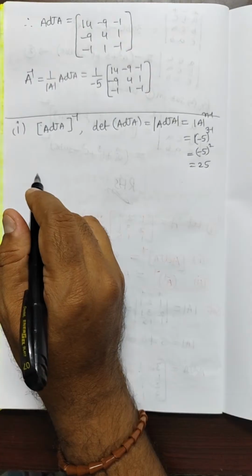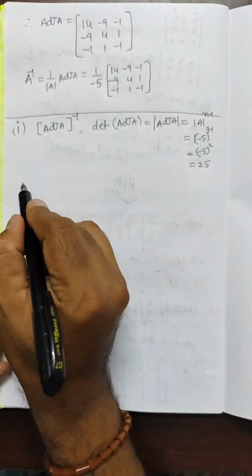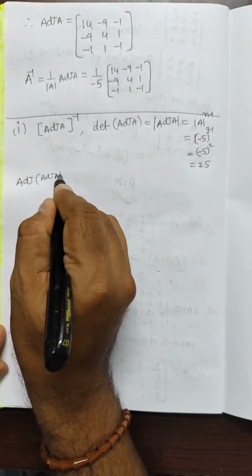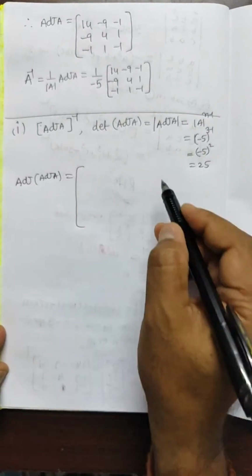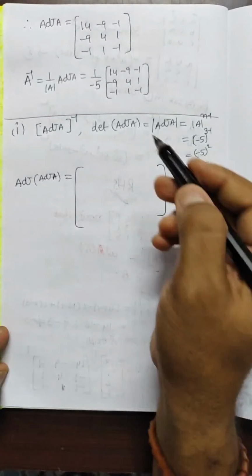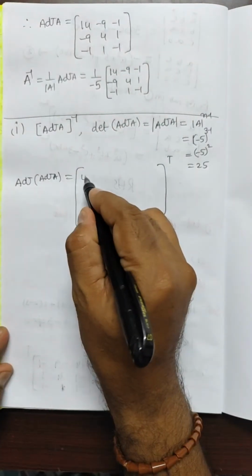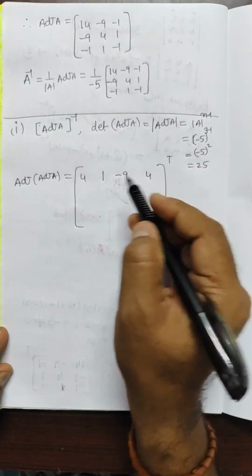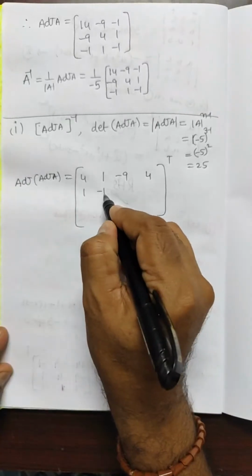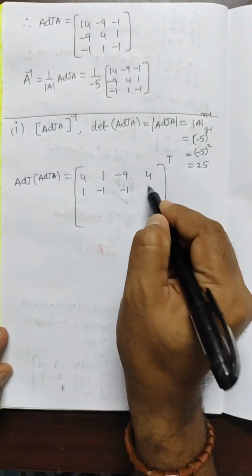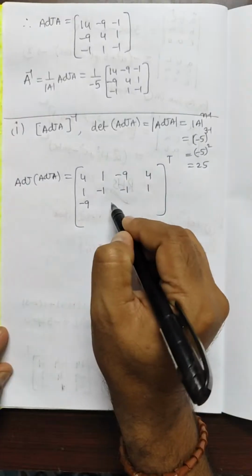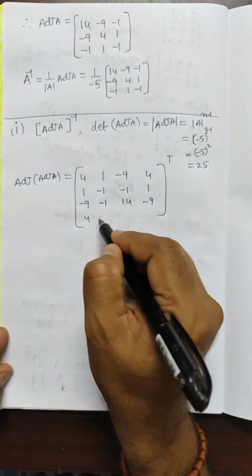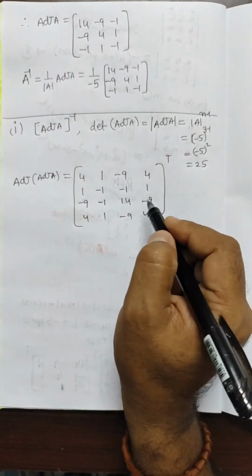Directly I am writing adjoint of adjoint A. So adjoint of adjoint A is equal to transpose of, for this we have to write it, 4 1 minus 9 again 4 1 minus 1 minus 1 1 minus 9 minus 1 14 again minus 9 4 1 minus 9 4.